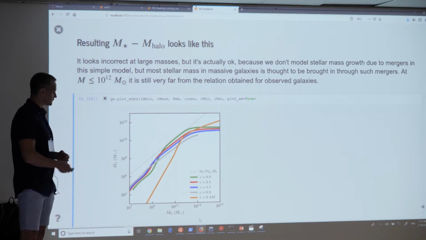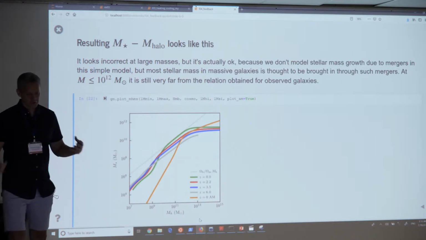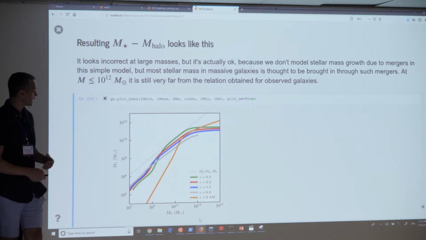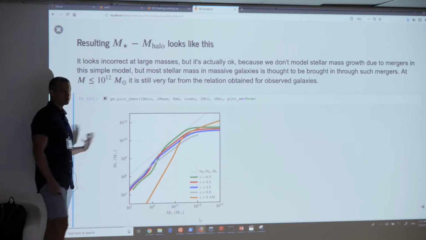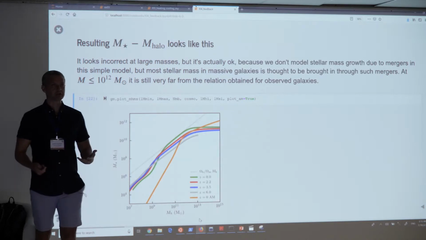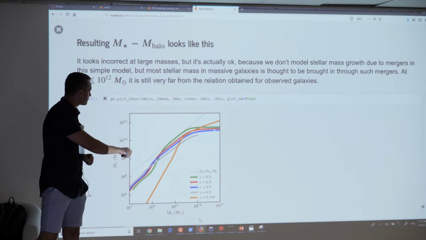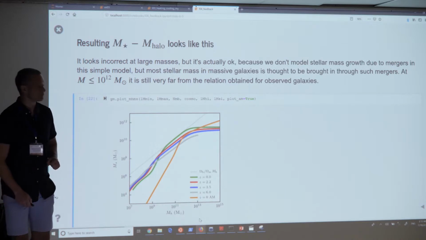It turns out that this is a very good assumption at small masses, but at high masses it's not, because the mergers of massive galaxies bring a lot of stellar mass. In fact, it is thought that for groups and clusters in this regime, 2/3 of the stellar mass of final galaxies comes from mergers and not from in situ star formation. In other words, this difference that you see between the orange line and these lines could be due to mergers that were not included in the model.